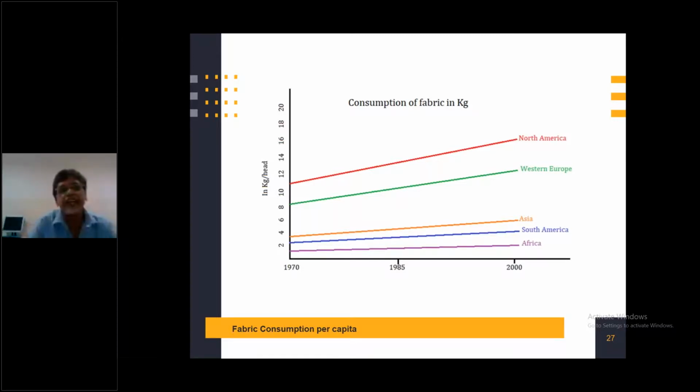If you see Africa, South America, and Asia, the consumption is less than 4 kg, and Africa is around 1 kg per capita consumption of fabric.